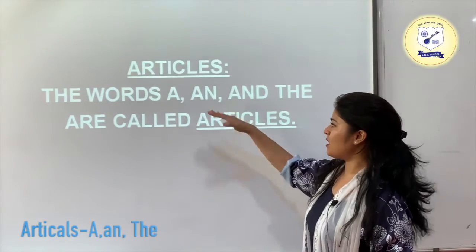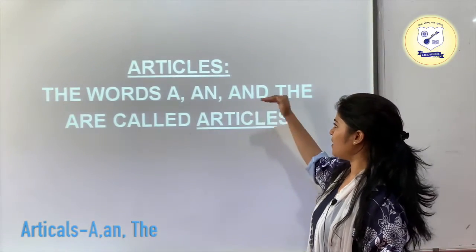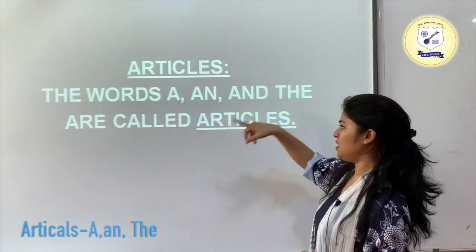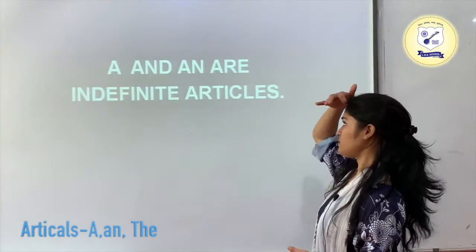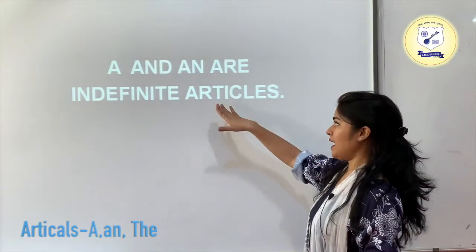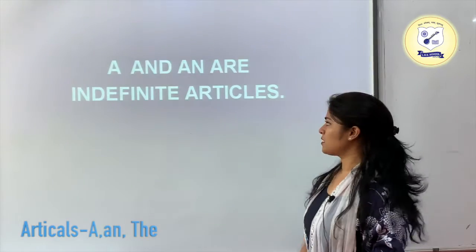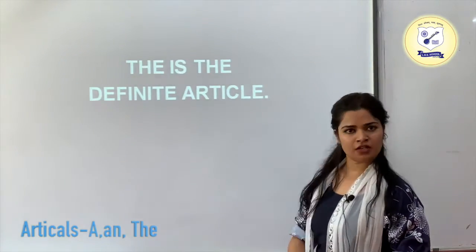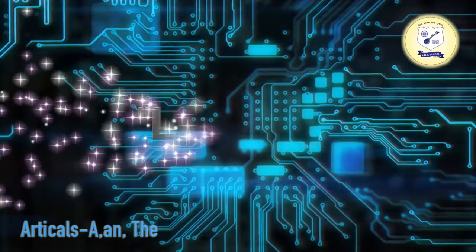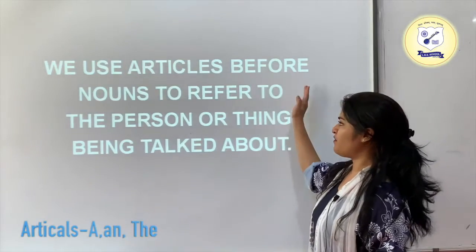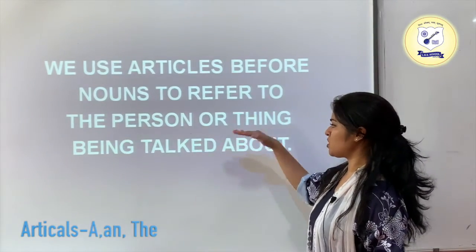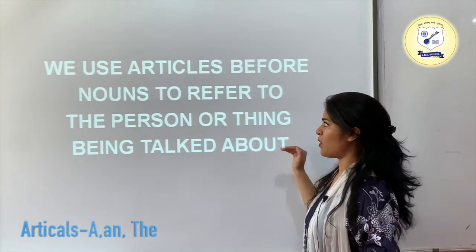Now the articles are the words a, an and the. These three are the articles which we use. So a and an are indefinite articles, and the is the definite article. We use articles before nouns to refer to the person or the thing being talked about.